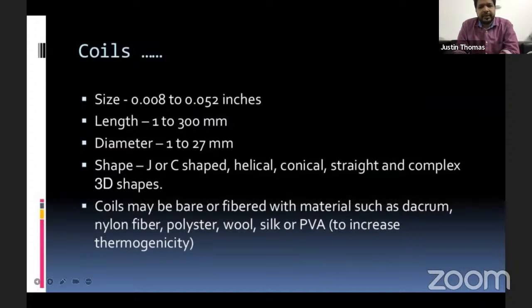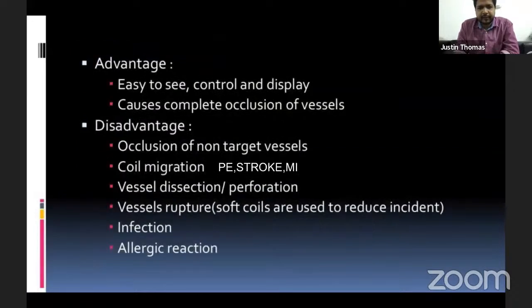The coils are maximally used in aneurysm coiling and embolization. There are filling coils, framing coils, and finishing coils, which are available in various shapes and sizes. They can be bare or fibered with materials like Dacron, nylon, etc. to increase the thrombogenicity of the coils.